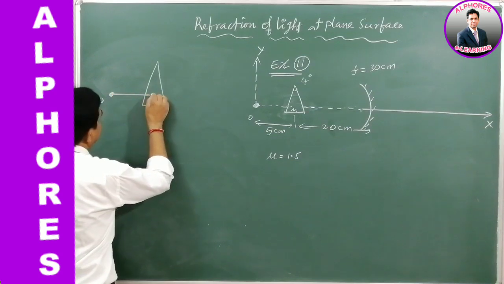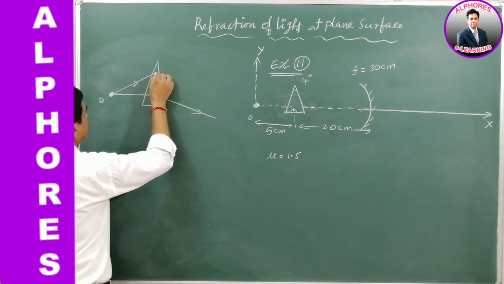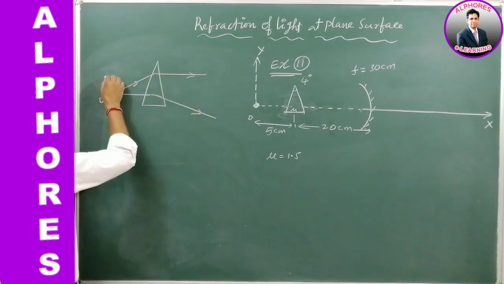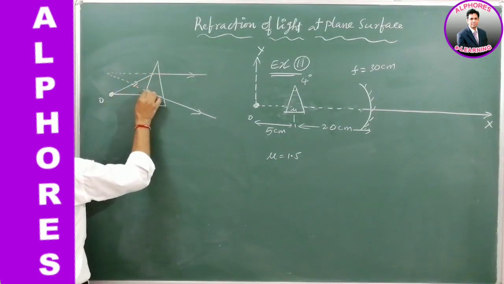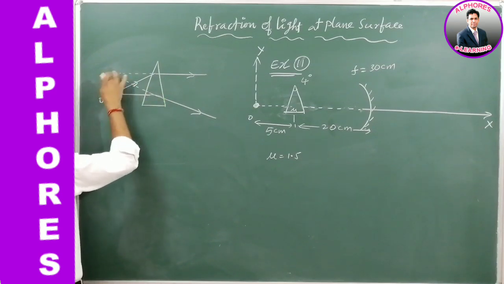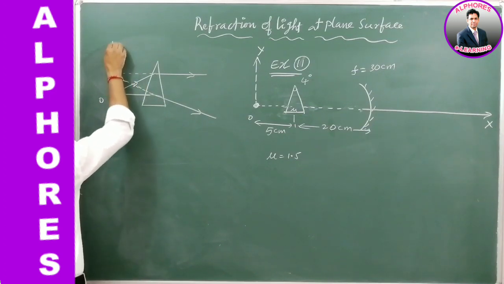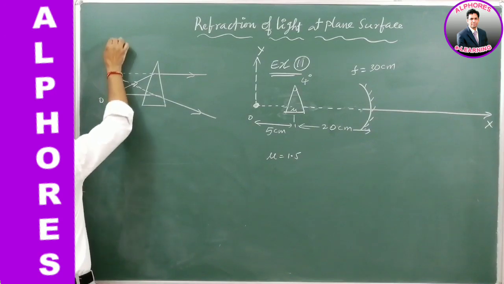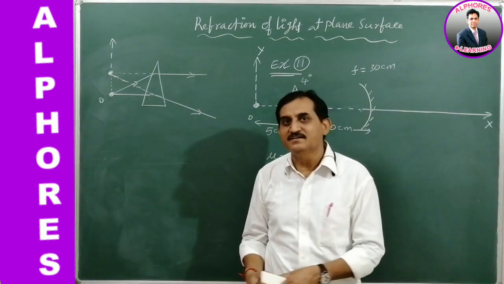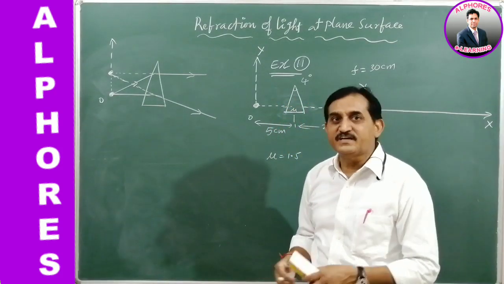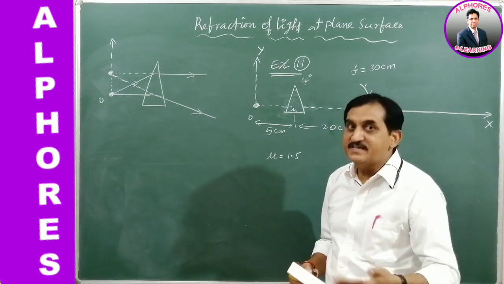The light is incident on it and undergoes refraction, and one more ray is incident on this prism, which also undergoes refraction. These two refracted rays are extended. So they meet each other exactly on a vertical line, the same line as the object.